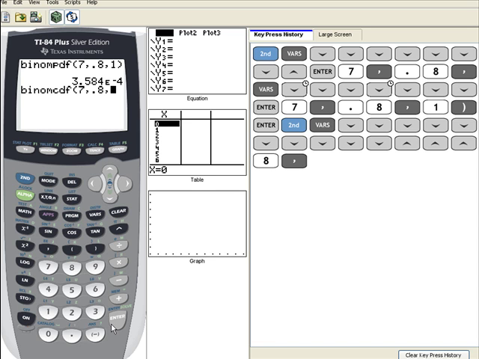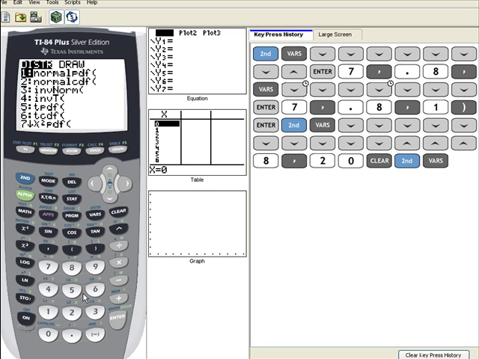Oops, backspace. Alright, let's try that again. Okay, second vars, and I want B. Scroll down to B. Okay, enter.